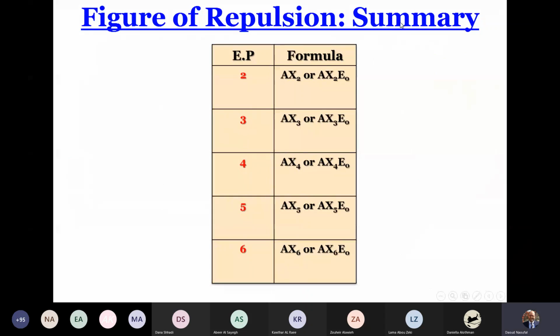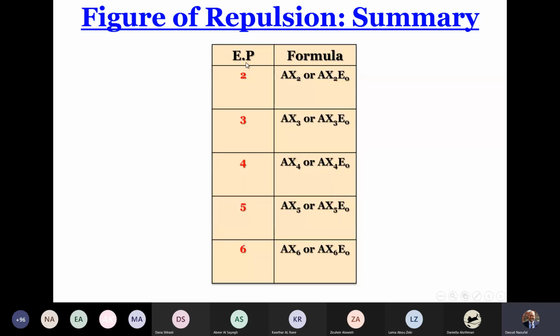How to find the figure of repulsion? First, we draw the Lewis structure, then we calculate EP. EP is of two types, NBP and BP.